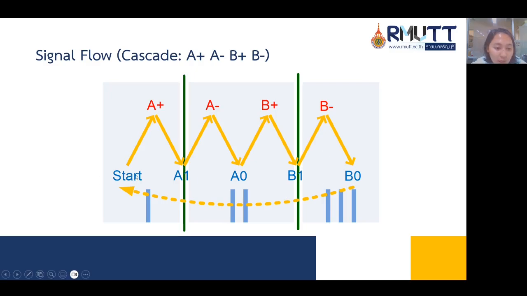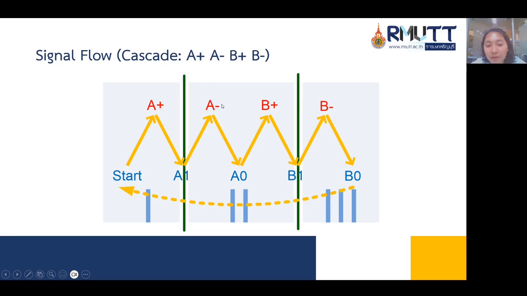And the first input is the start, when we push the start button, and then the output will be A plus, cylinder A will go forward, and then after it reaches limit switch A1, the output will be cylinder A going backward.